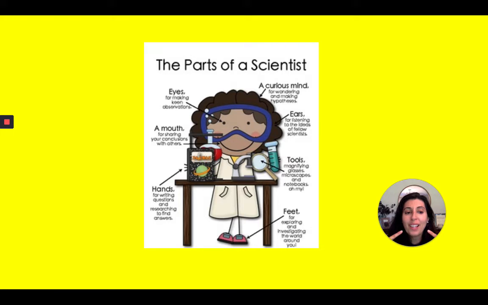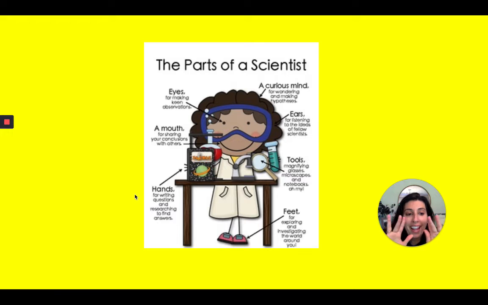That means that the scientists share what they have learned with other people. That's something important that scientists do. Scientists use tools like a magnifying glass, microscopes, and notebooks.